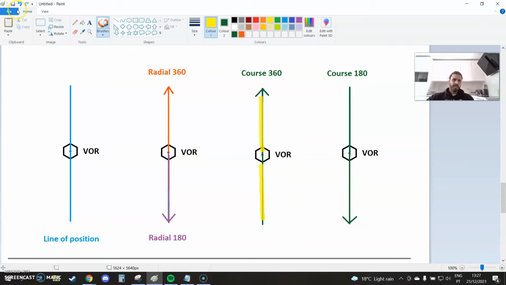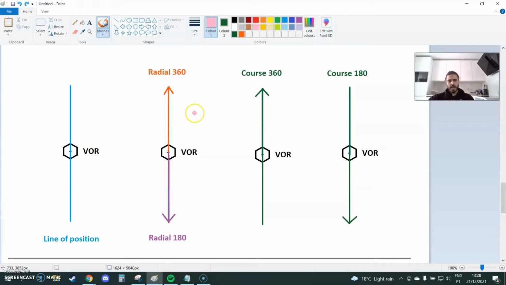And the same thing happens on radials. What I want to say with this is that I can be on radial 360 on course 360, but I can also be on radial 360 on course 180. So the radial is the specific line of position that I'm at, and the course is in which direction I'm going.